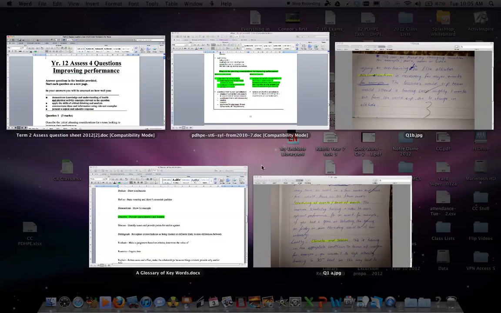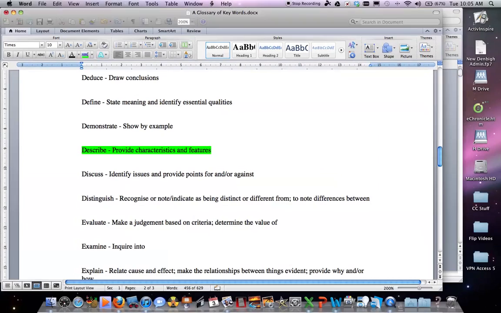So if we have a look at the glossary of terms, that's a description we're asking for here, and for a description we're asking you to provide characteristics and features of. So what are the elements of these different areas of initial planning, and how are they different from each other? That's what the response is asking us to look at in this particular point.